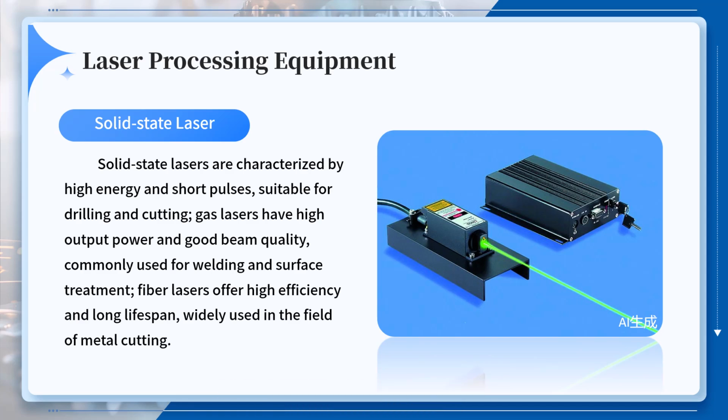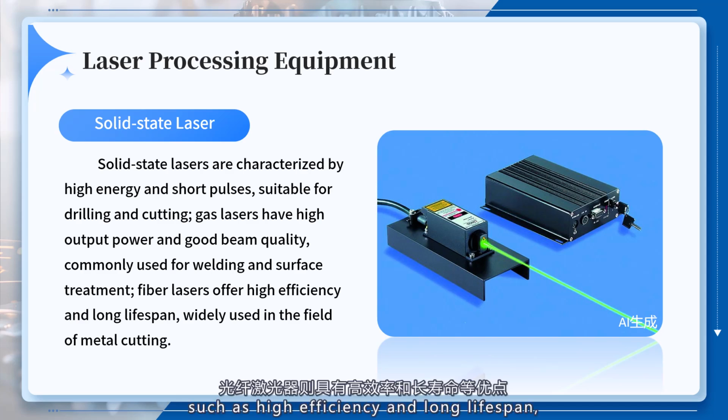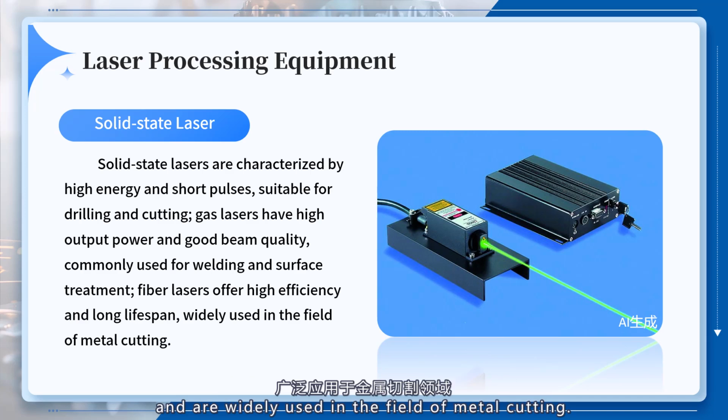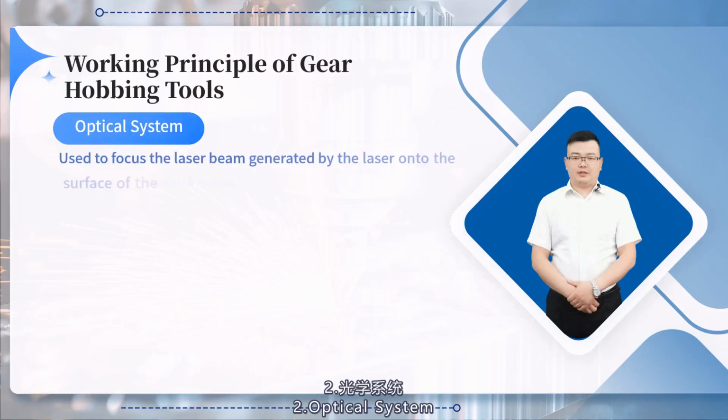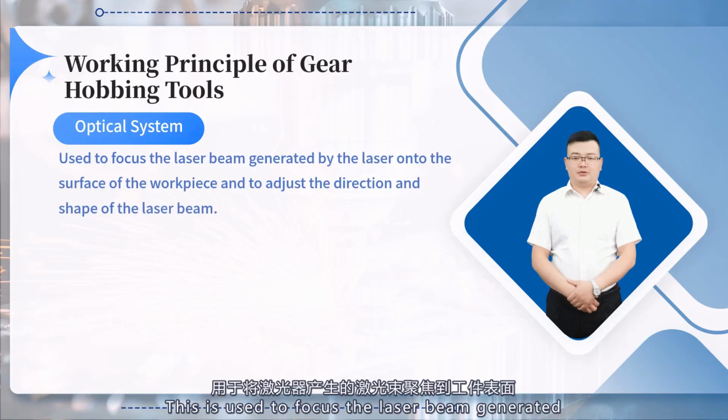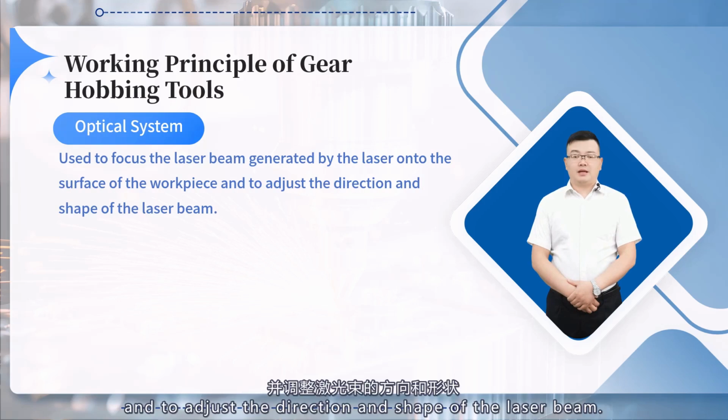Fiber lasers offer advantages such as high efficiency and long lifespan, and are widely used in the field of metal cutting. 2. Optical system. This is used to focus the laser beam generated by the laser onto the surface of the workpiece and to adjust the direction and shape of the laser beam.